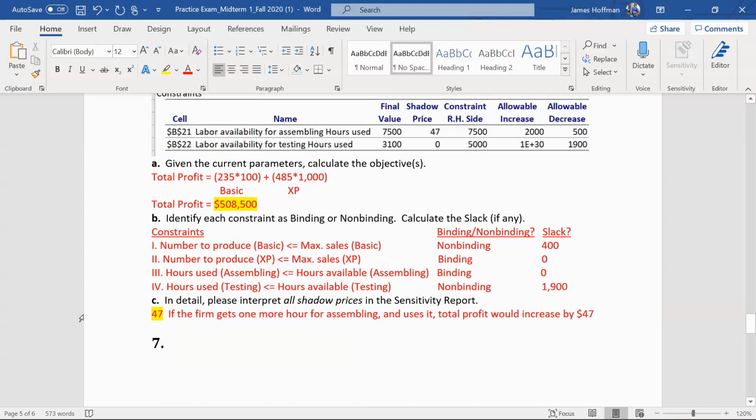Okay, so 47 is the value of one more of the labor hours. The firm gets one more hour for assembly and uses it. Total profit, the objective, would increase by the shadow price, $47. And then the other one, okay, this one's non-binding, so an additional hour for testing is worth nothing because we didn't use the original hours that we were given.